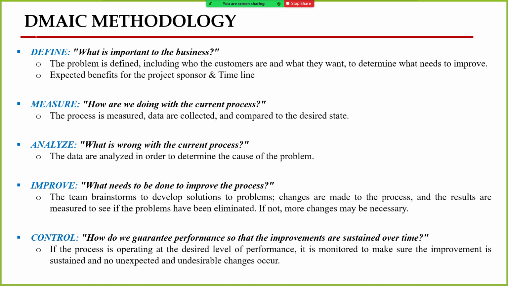As we were discussing, DMAIC stands for define, measure, analyze, improve, and control. In the define phase, we are trying to answer certain questions. Whenever we are picking a project for Six Sigma implementation, in the define phase we are trying to answer what is the importance of this particular project to our business, financially and from the customer satisfaction perspective, and how long it would take to complete this particular project.